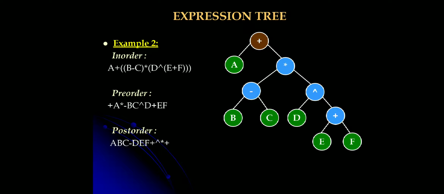In the right subtree, the root node is cap, where first go to the left subtree D, then after visiting D go to the root node, it is cap, then go to the right subtree and again traverse this right subtree in order, you will get E plus F. This is the in-order traversal you will get. Similarly, you can traverse this in pre-order and post-order and you will get the expressions given on this slide.